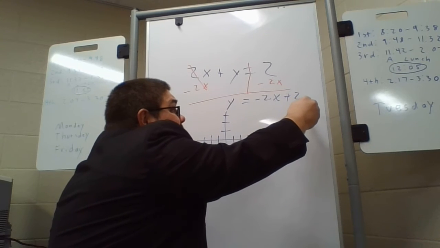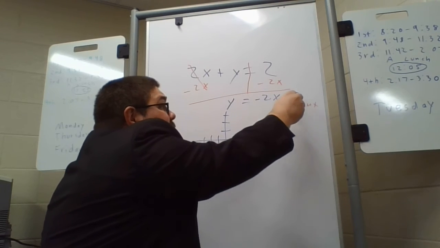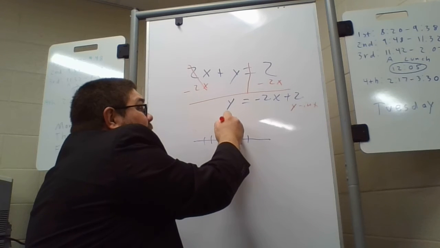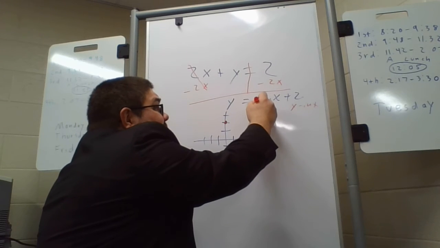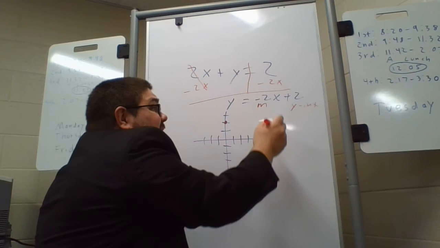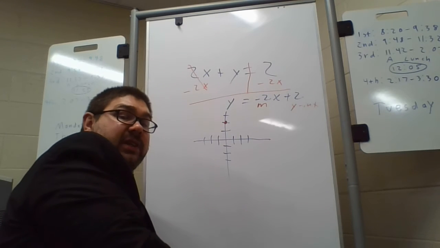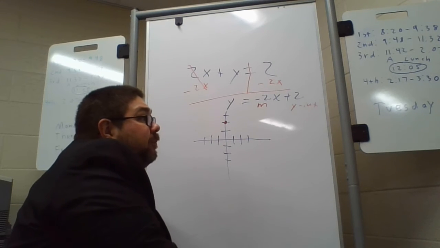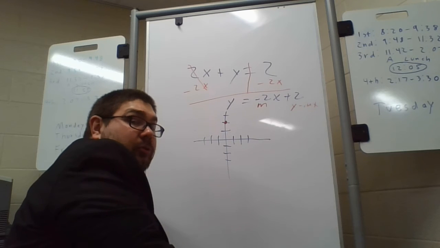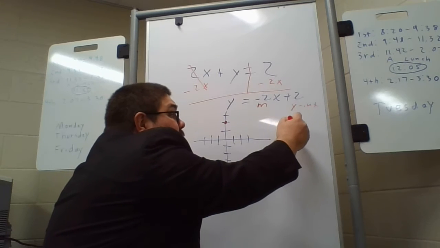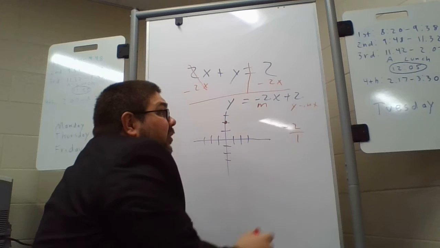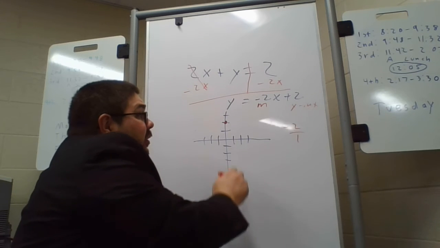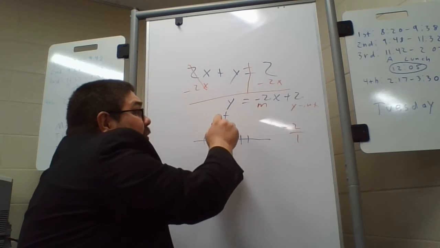We have a y-intercept of 2. We make a point at 2. We have a slope, which I'm going to abbreviate as m, because that's the abbreviation for slope, of negative 2. Put a 1 under it to make it a fraction, and now we can go either up 2 or down 2.